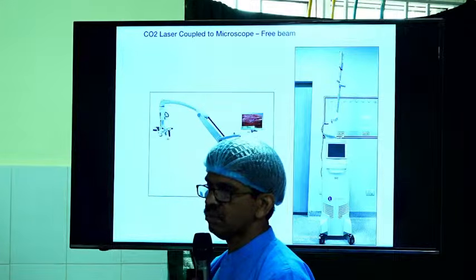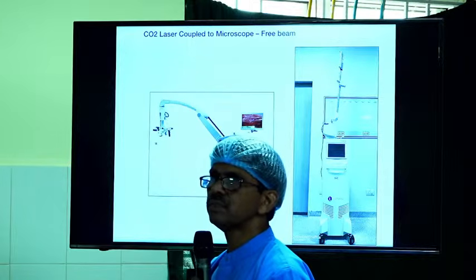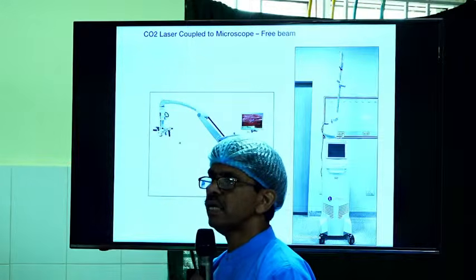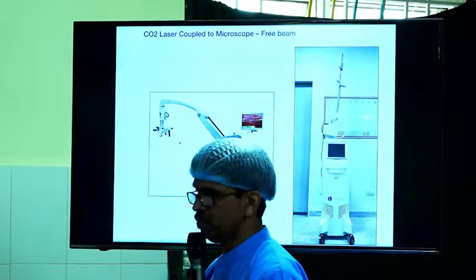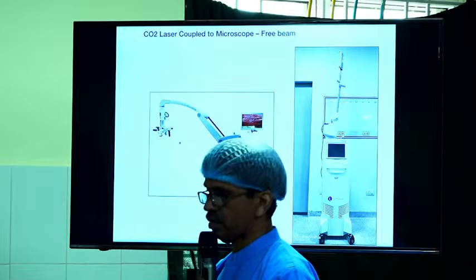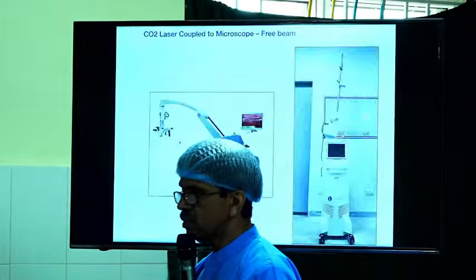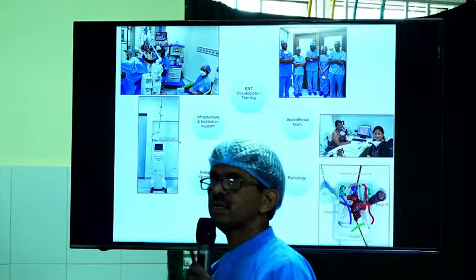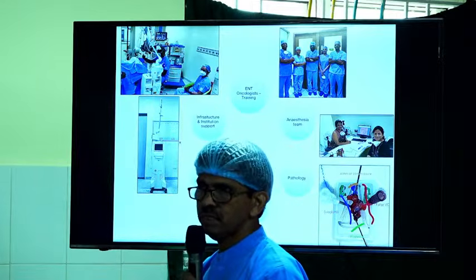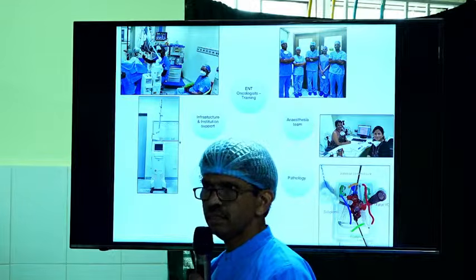Once the beam comes out of the microscope and manipulator, it travels through the laryngoscope and hits the surface of the tissue. So this is the free beam scanner mode. And of course, you need this for any transoral microlaryngeal laser surgeries.